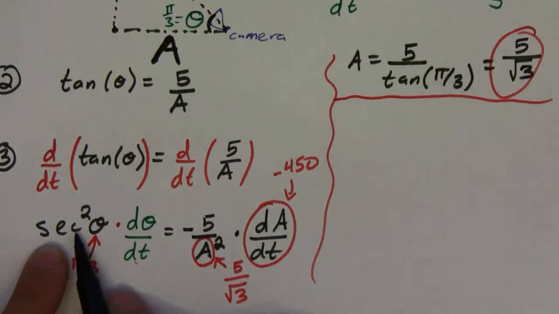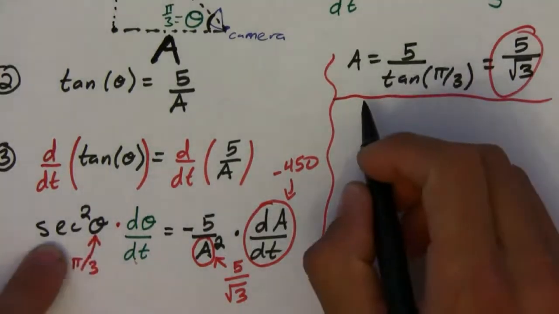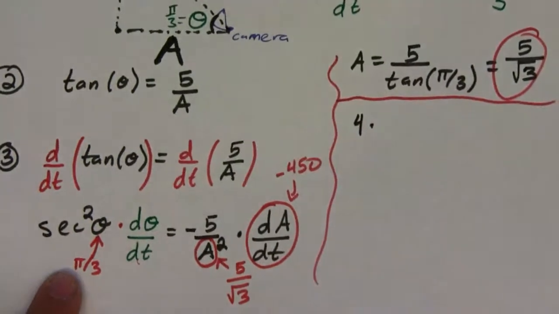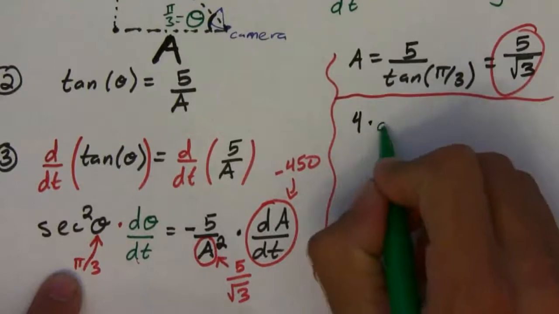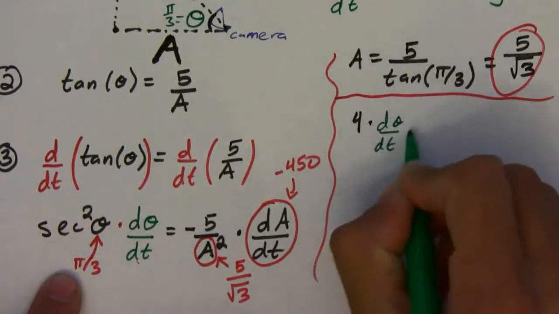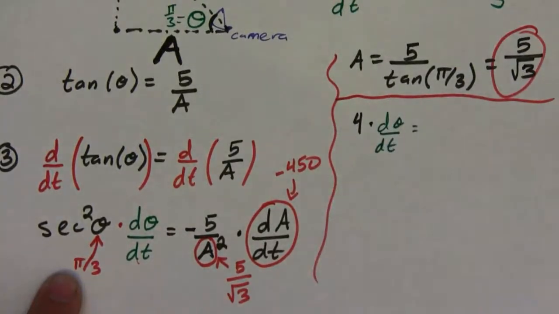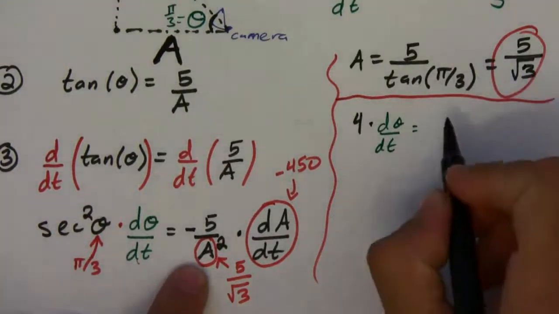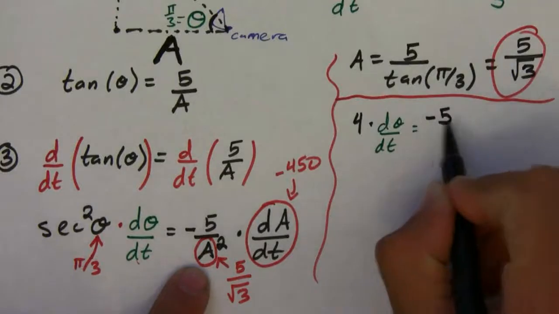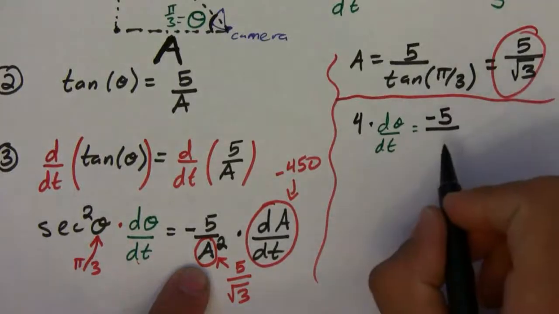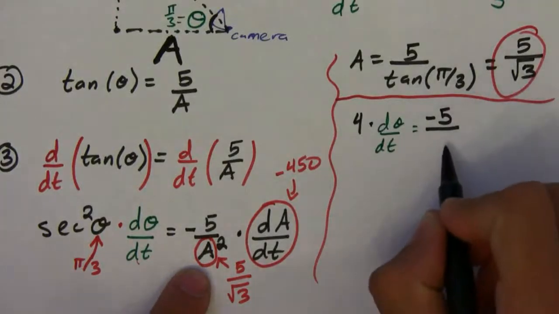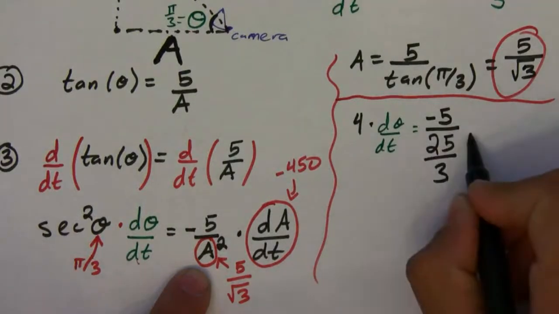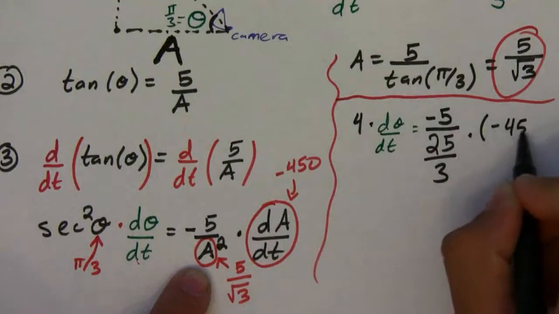And so secant squared is going to be 2 squared, which is 4, times d theta over dt equals, here I'm going to have negative 5 over 25 over 3 times negative 450.